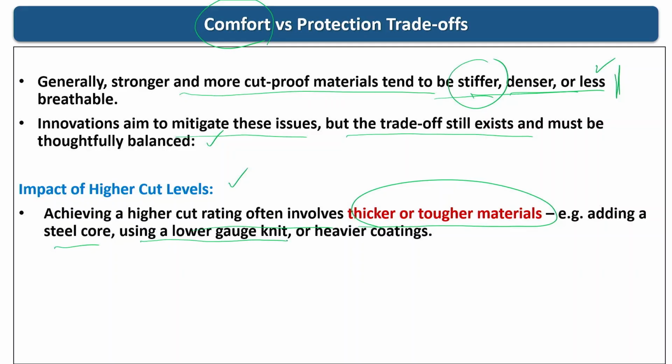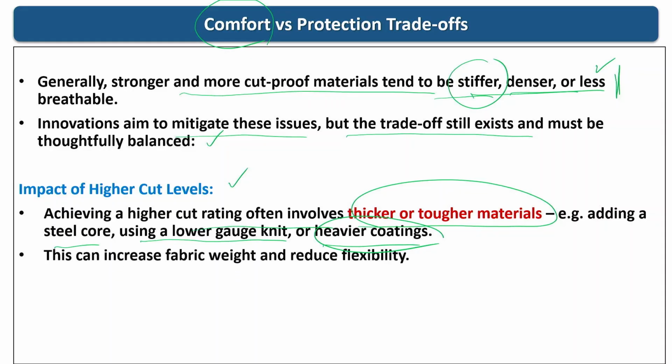Using a lower gauge knit or heavier coating, all these things will add to the mass of the fabric. Heavier coating will enhance the protection, but at the same time it will be heavier, and also the breathability will not be there. So, this can increase the fabric weight and reduce the flexibility. So, the particular material will be rigid. So, that will affect the body mobility.